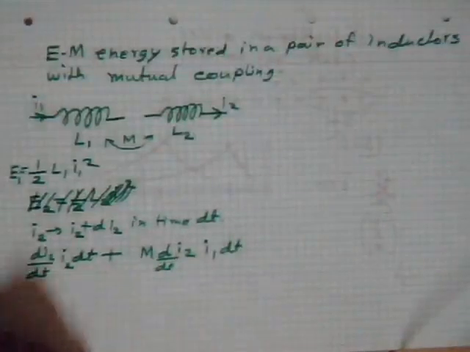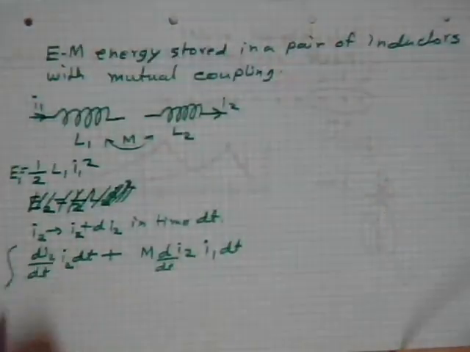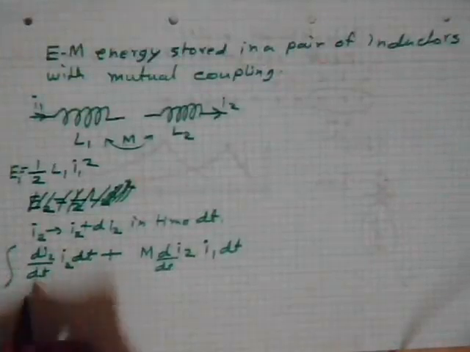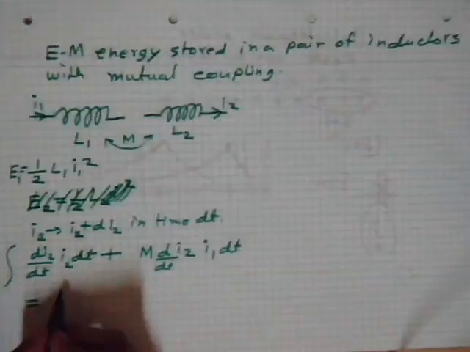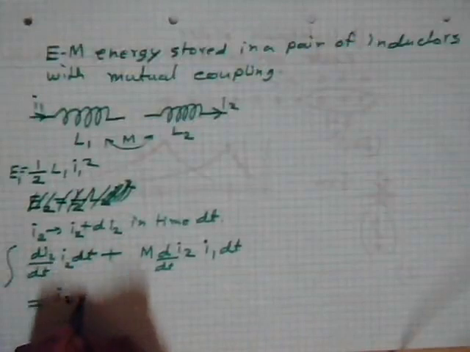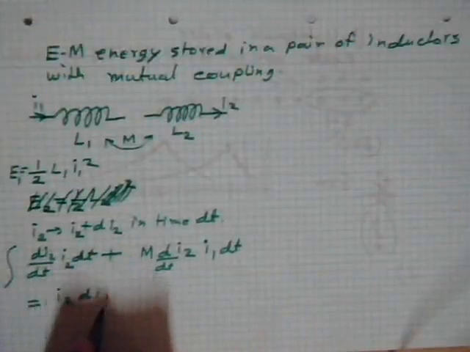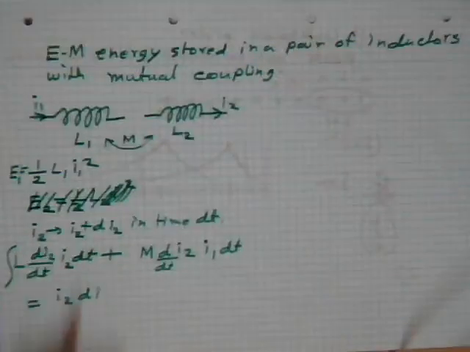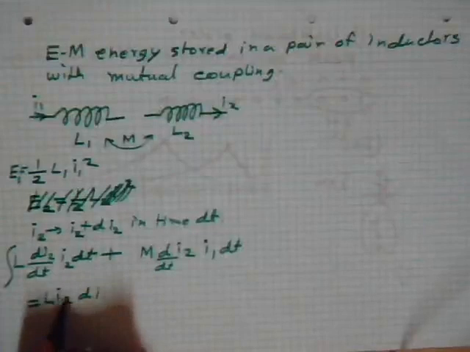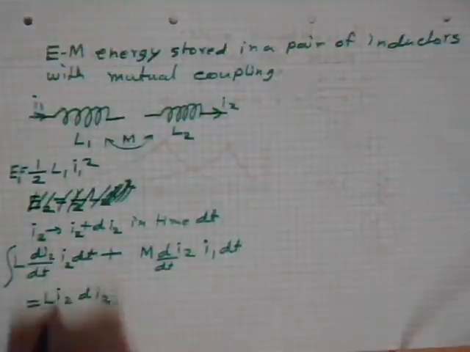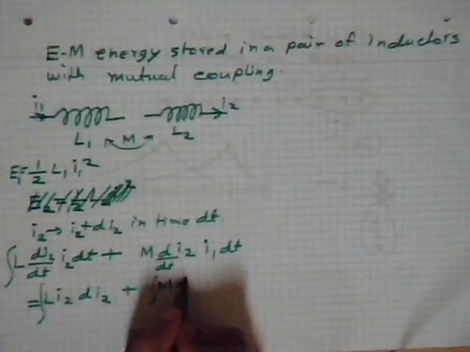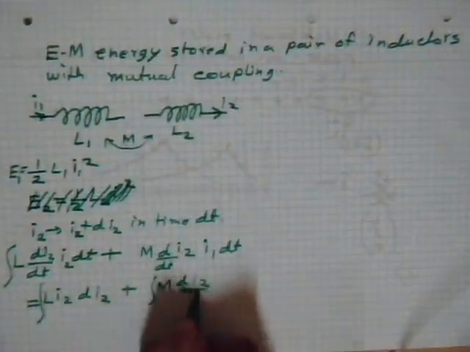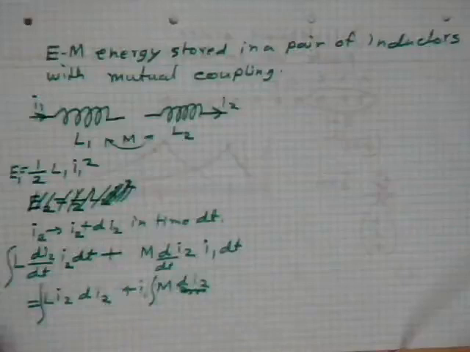Okay, so now if I integrate this over time, what I get, here dt cancels. I am left with I2. I missed L here, very important. I have L times I2 dI2 plus M times dI2, and I1 is constant now, so I can take it out.